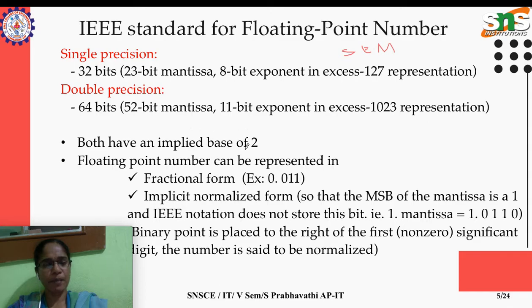Both single precision and double precision have an implied base of 2, which means the number is represented in the binary system. In single precision, 23 bits are given for the mantissa and 8 bits are allocated for the exponent, in excess-127 representation. I will make this clear in the forthcoming slides. Just note that single precision has an 8-bit exponent in excess-127 representation.